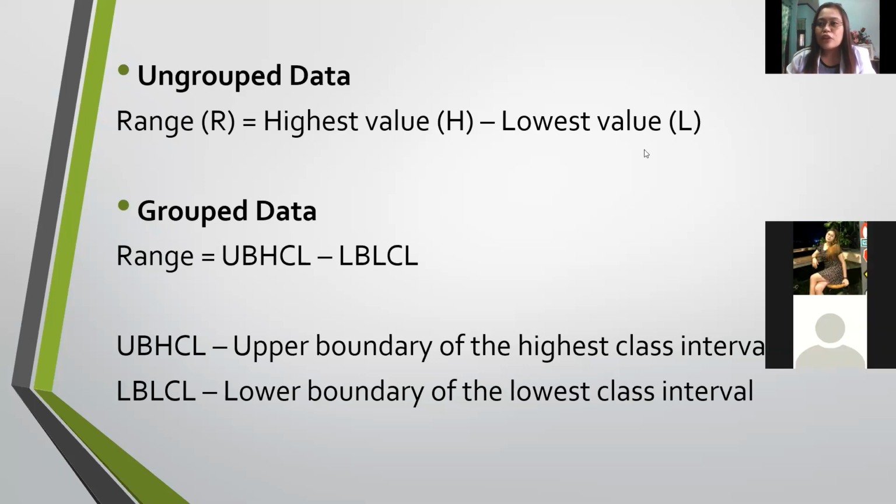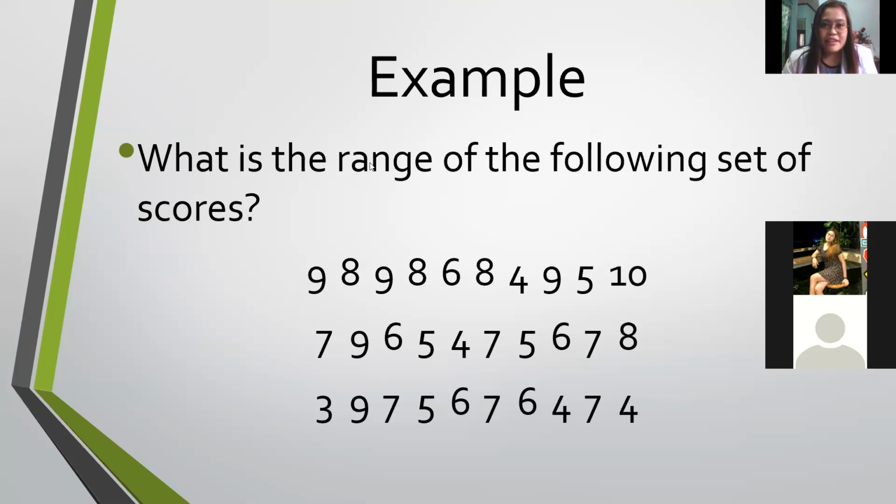So if grouped, like 1 to 10 years old is one group, 11 to 20 is another group, 21 to 30 another group, the highest boundary of your highest interval is what we use for the range, and LBLCL is the lower boundary of the lowest class interval. This one is ungrouped data, so using the formula, please compute for the range.